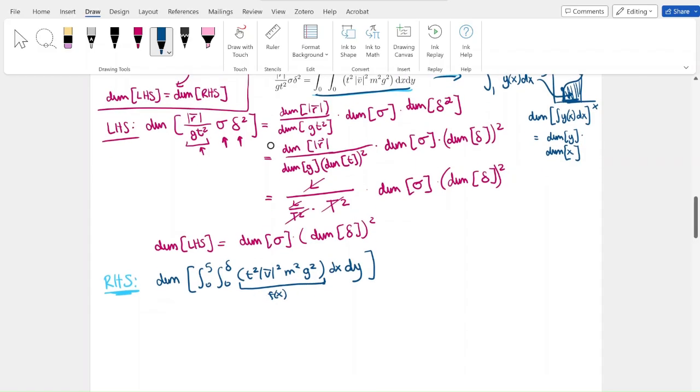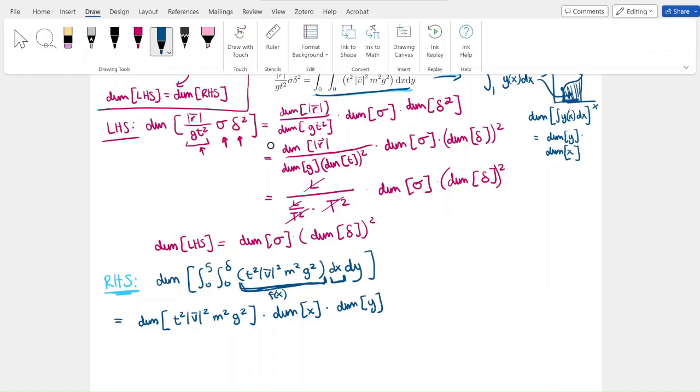So the first thing is we want to get rid of these integrals. We know that the dimension of an integral is just equal to the dimension of this function here times the dimension of this quantity here. So we can reduce this to the dimension of t squared, v squared, m squared, g squared times the dimension of x times the dimension of y.